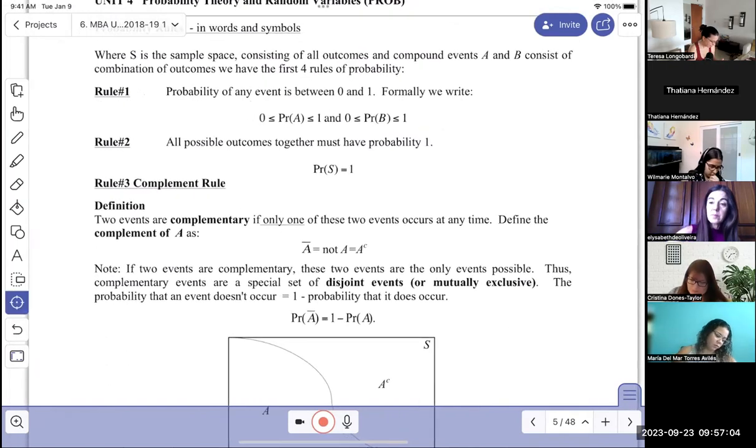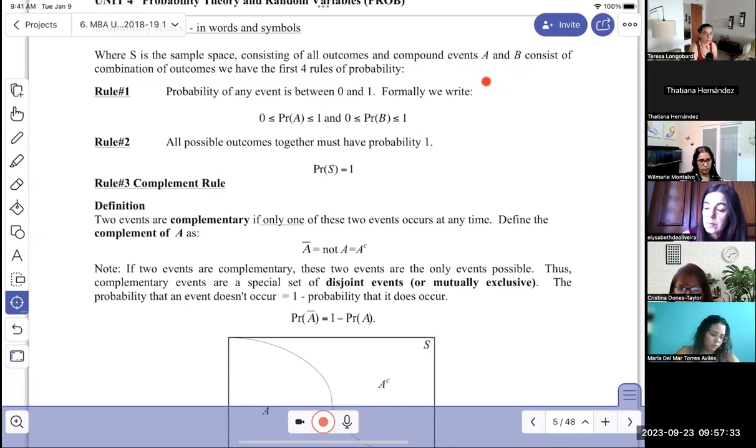As I said, all probabilities are between 0 and 1. I illustrate using a few concepts, right? So S represents the sample space consisting of all outcomes, and compound events A and B consist of combinations of outcomes. And we can get the first 4 rules of probability using these symbols, okay?